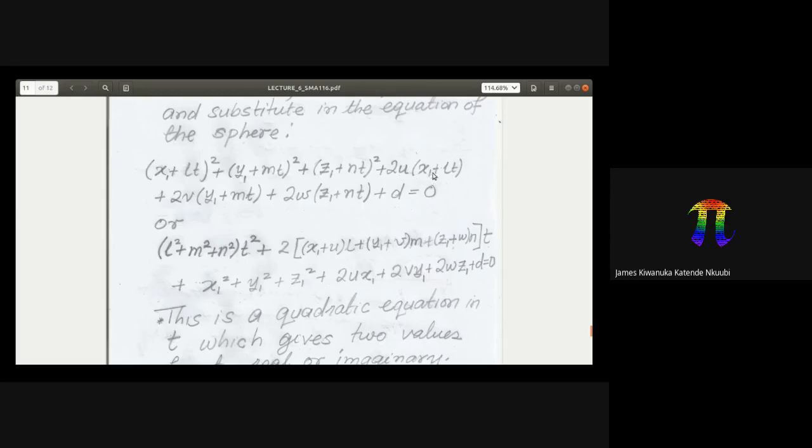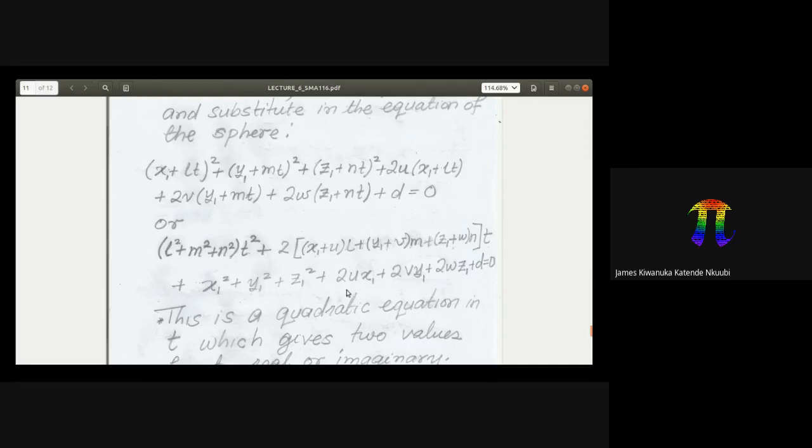The work you have to do now is simple. It's not too much. If you expand this and simplify and write it as a quadratic equation in t, you should be able to get this. So if you want to move from here to here, there's some work in between. You have to expand all these squares and put all the coefficients of t together here, and also put all the coefficients of t squared here.